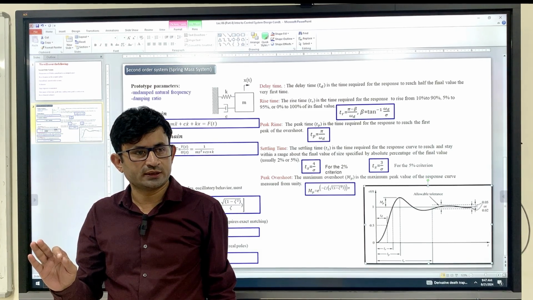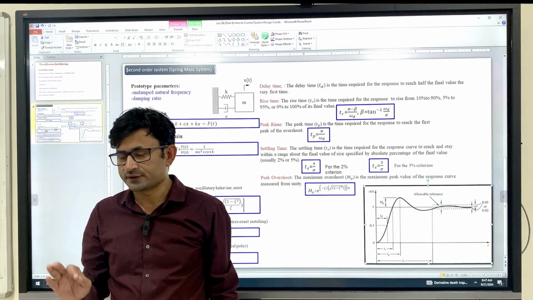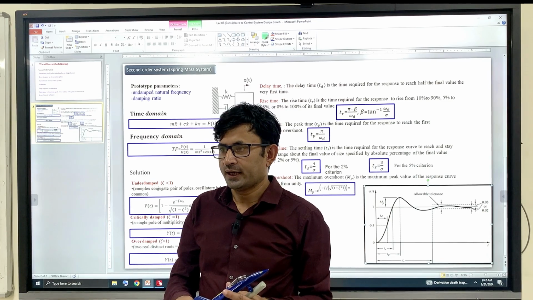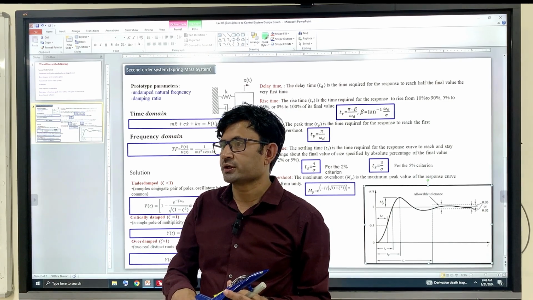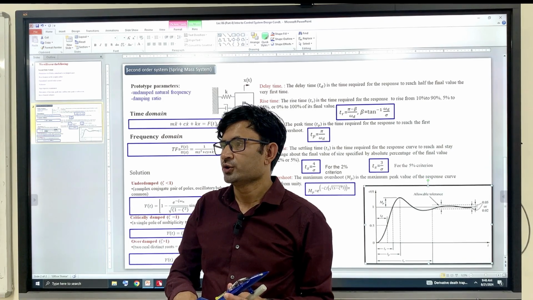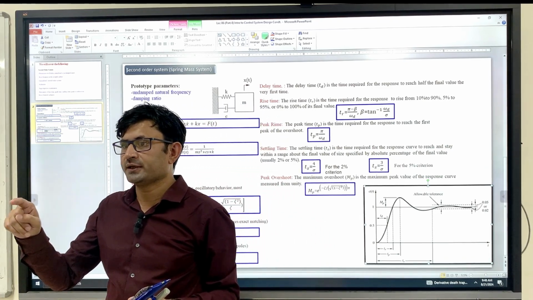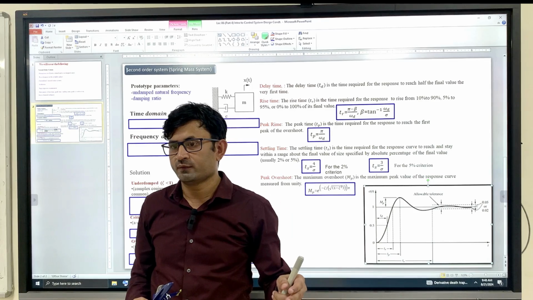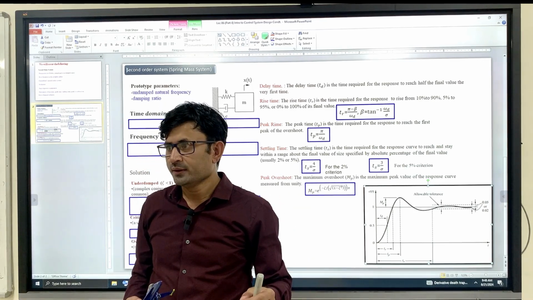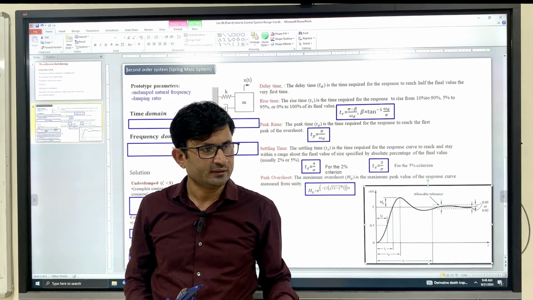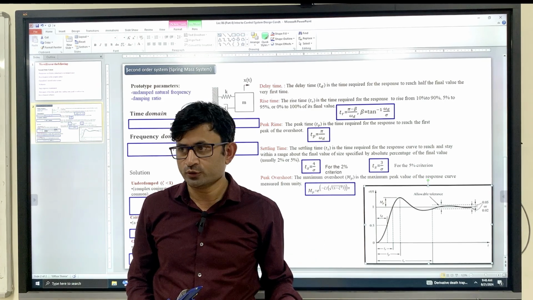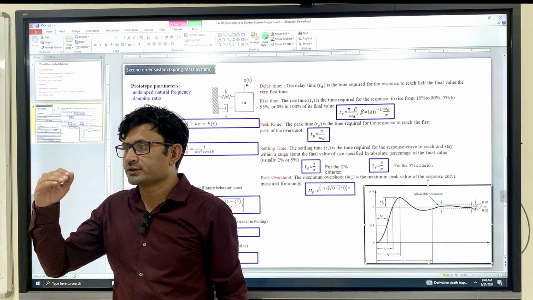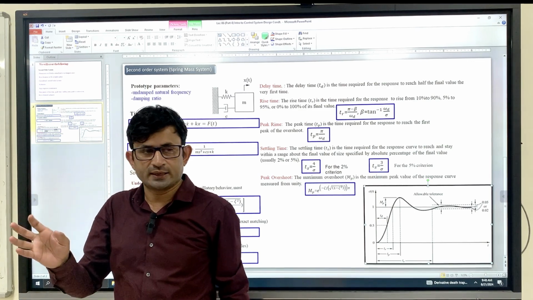For example, let's say you have commanded some angle, by that time your control surface has saturated, so error will keep on adding, right? Keep on adding. So U will be what? Kp into E plus Kd into E dot plus Ki into integral E dt. So because of this integral action, your U value keeps on increasing because error is summing up, right?